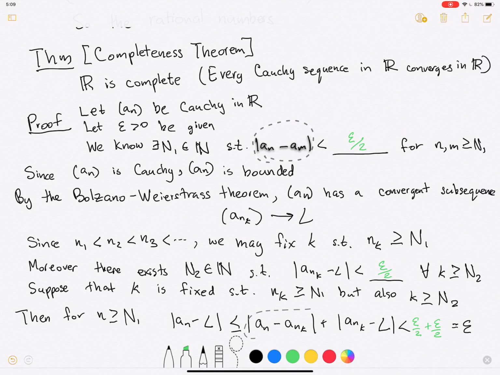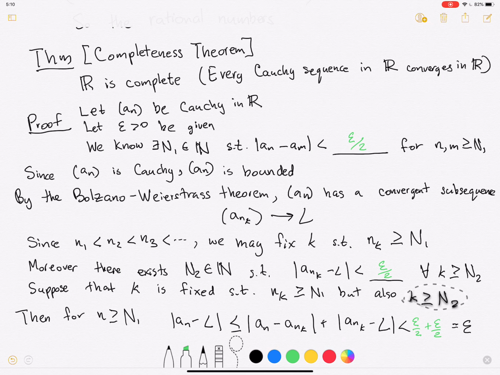If you sub in m equals n_k, we know that n_k is greater than or equal to n1, so it satisfies that condition. And for this one, it just comes from the one right here, which is true for any k greater than or equal to n2. And we fixed it so k was greater than or equal to n2.